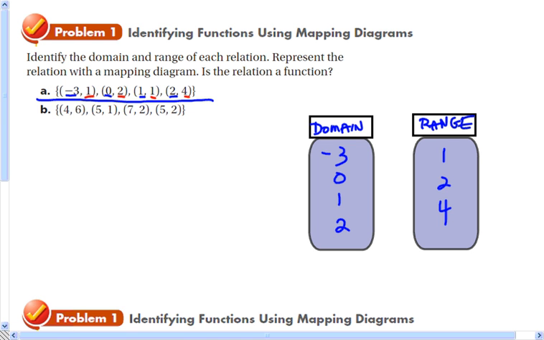And now I'm going to map them. -3 goes to 1, that's the first ordered pair. 0 goes to 2, that's the second ordered pair. 1 goes to 1, and 2 goes to 4. And if you see more than one arrow from any domain value to two different range values, then it would not be a function. But in this case, we only see one arrow coming from each domain value. So, yes, this is a function.